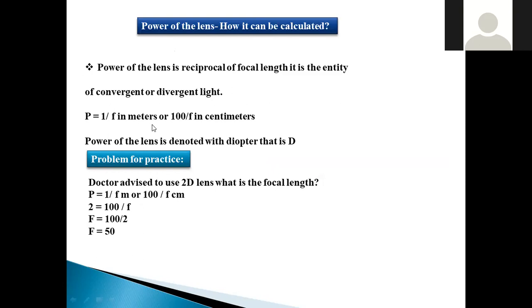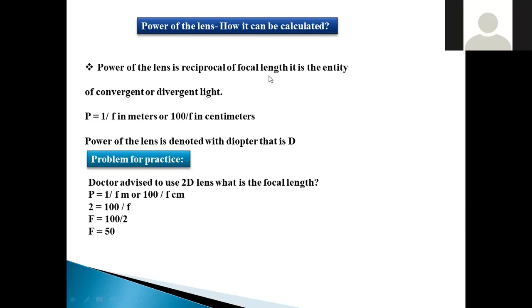All individuals may not have the exact same kind of vision defect. Based on their vision defect, the power of the lens will depend. By adjusting the focal distance artificially, it is possible to correct human vision defects, and objects can be clearly visible. Now let us see what is meant by power and how it can be calculated.